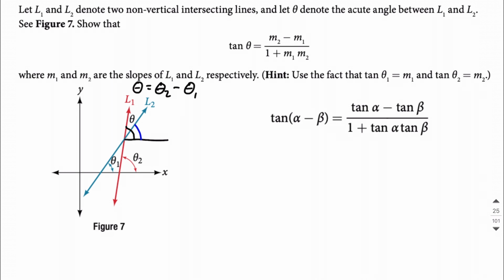All right, the next thing is given to us over on the side here, the fact that tangent of theta sub 1 is equal to the slope of that line, and tangent of theta sub 2 is the slope of that line. Let's talk through that. Let's use this as theta sub 2.